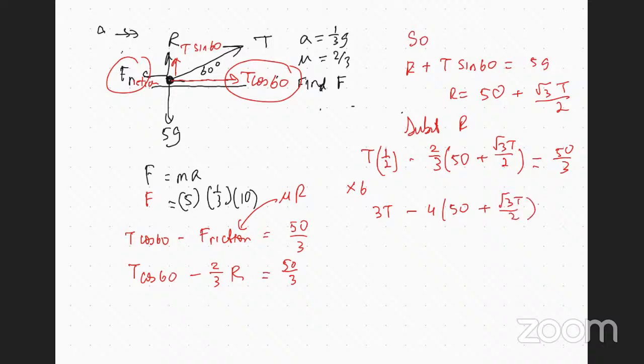Well, you can solve it, we get the same thing. 3T minus 200 plus 2 root 3T is equal to 100. Carry everything with T on this side, numbers on this side, that's 300. Then factor out T, 3 plus 2 root 3, and solve for T. So I have 300 over 3 plus 2 root 3. How much is that?